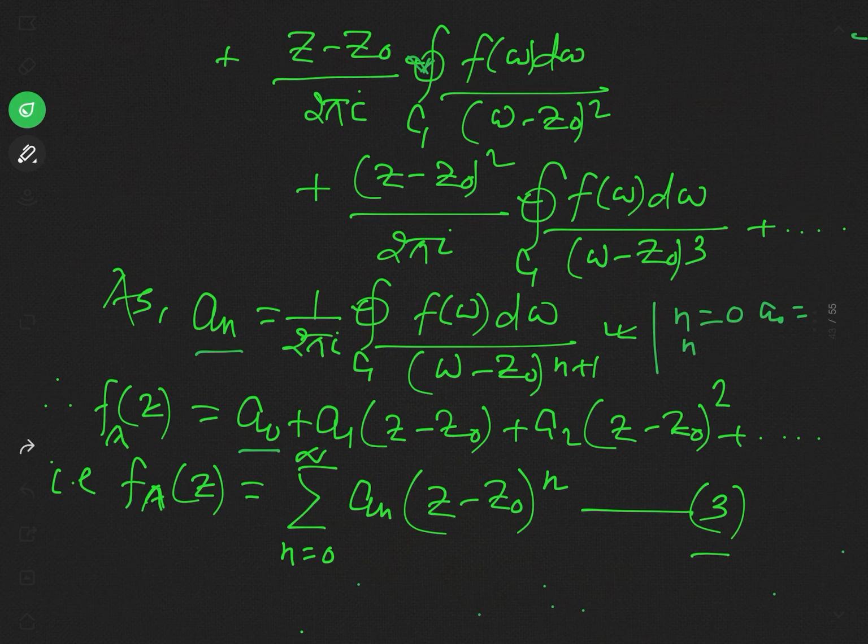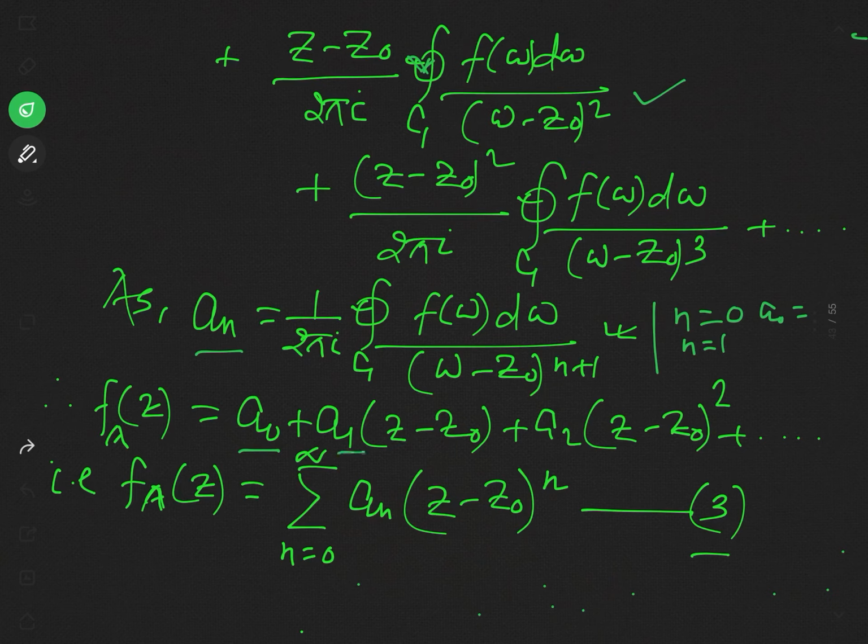Now let us put n equal to 1. Then this will be 1 by 2 pi integral along C1 f(w) dw by (w minus z naught) to the power 2. Except for (z minus z naught), the remaining factor is 1 by 2 pi integral along C1 f(w) dw by (w minus z naught) whole square.